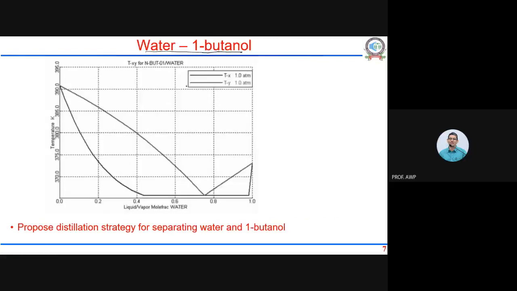But if you take water and butanol, they are not completely miscible with each other at all compositions.